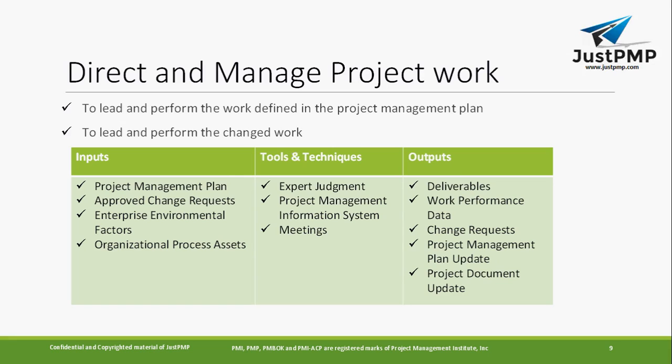Like a new regulation comes, which you have not planned in your project management plan, but something comes in between. So that can affect your execution part. Maybe a stay can come, or maybe then you need to change your plan according to that. So that's what direct and manage project work, this is also one of the inputs that you need to consider. You keep on looking into these factors.